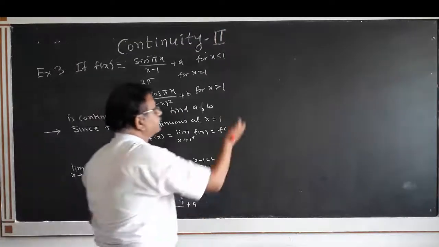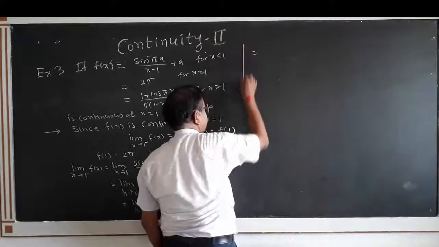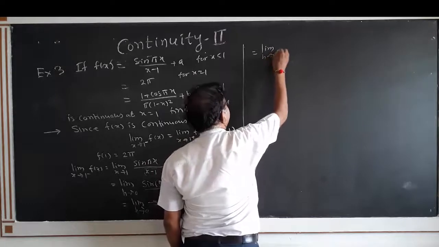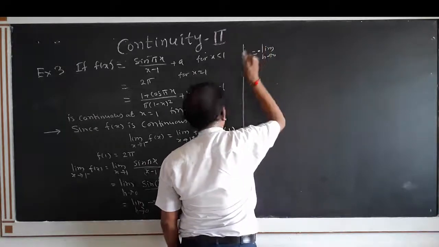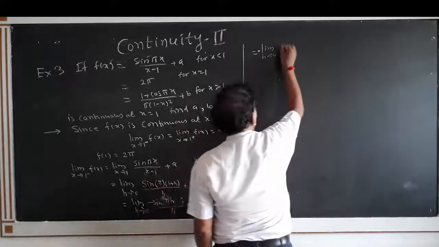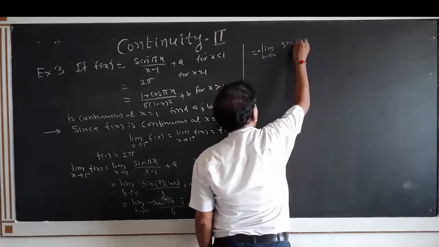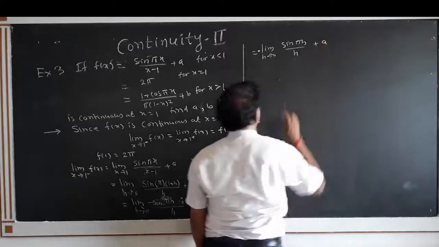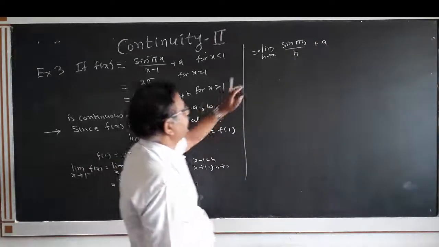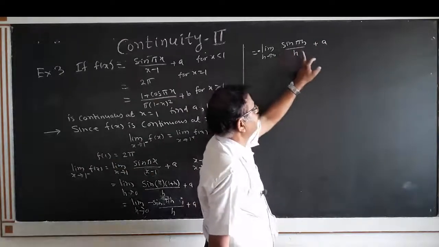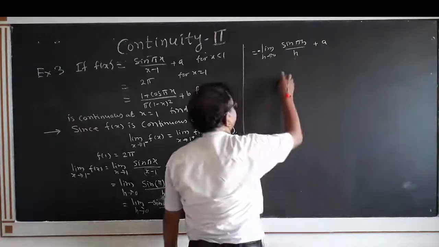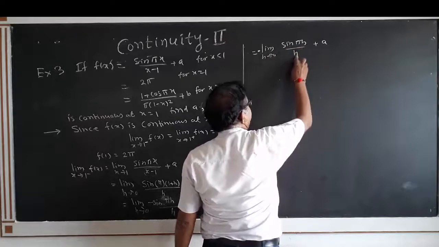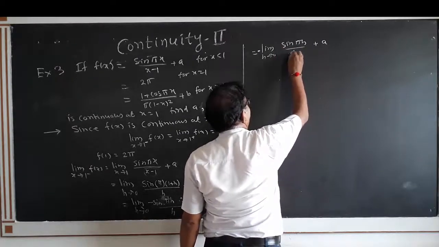This can be written as minus limit h tends to 0 of sine of pi h divided by h plus a. Here we use the rule limit theta tends to 0 sine theta divided by theta equal to 1. For that purpose we need here pi.